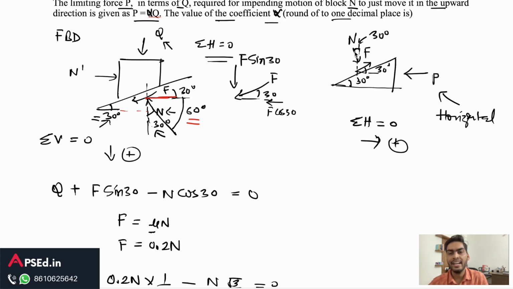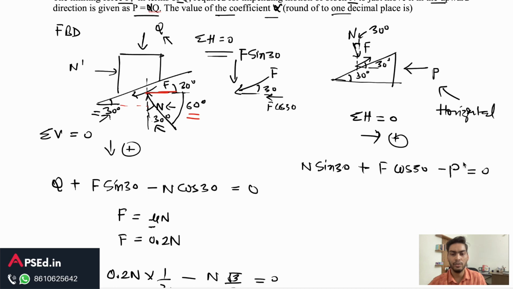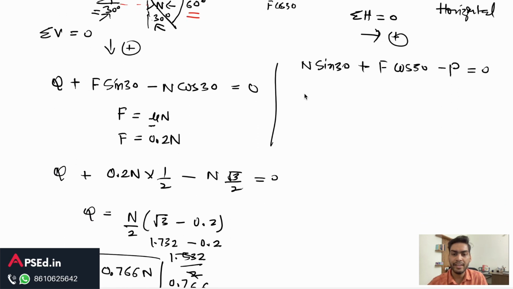So in the horizontal direction, the component of normal force would be N sine 30, and for the friction, the component would be F cos 30, and P is acting in the negative X direction, so minus P is equal to 0. So solving this, we can write P is equal to N sine 30, or N times 1 by 2, plus F cos 30.